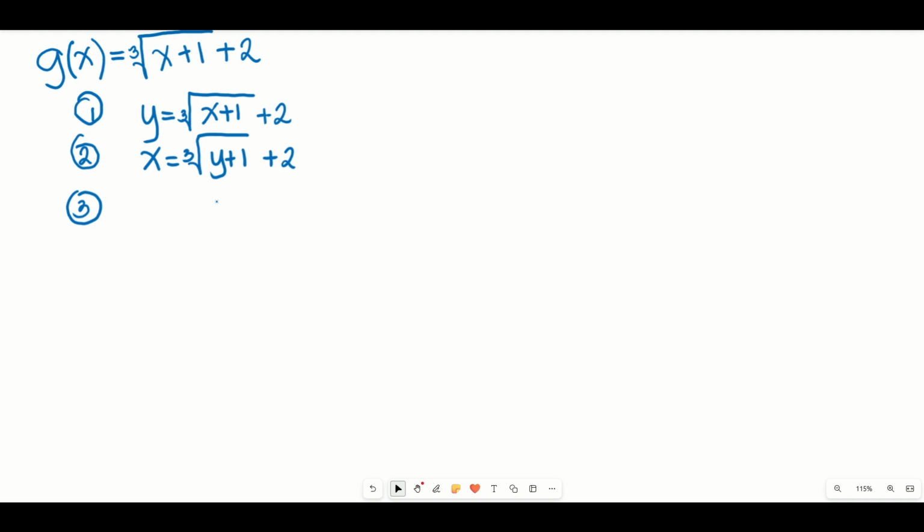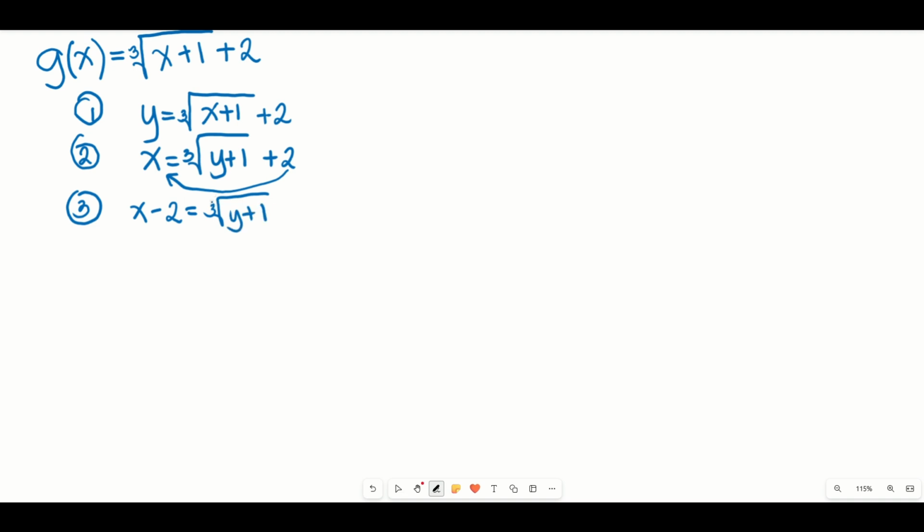So, first, what I can do here is, etong si 2, pwede ko na tong i-transpose to the other side of the equation. So, I'll have x minus 2. By transposition, itong positive 2 dito, magiging negative. And this is still equal to the cube root of y plus 1.